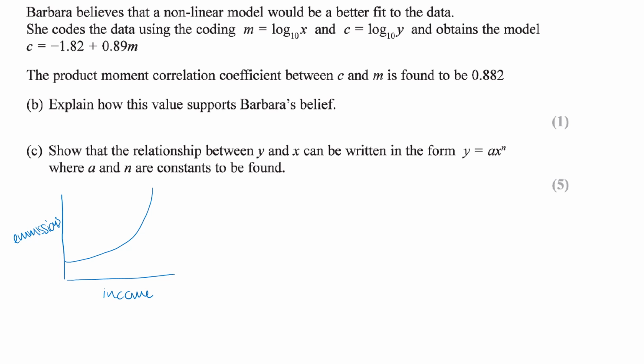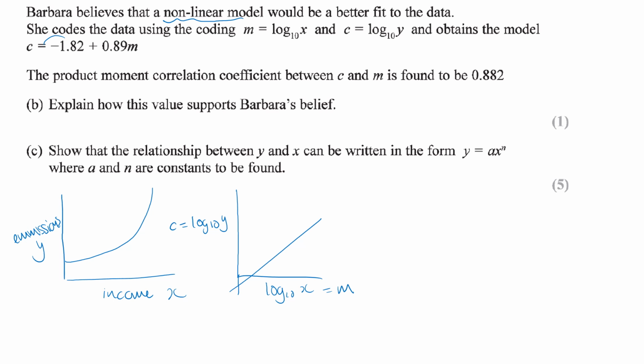So Barbara's realized that this model may fit her data, and it's a non-linear model. So she has decided then, rather than doing that with X and Y as the variables, to do log to base 10 of X and call that M, and log to base 10 of Y and call that C. And when she does that, she gets a straight line that goes through.